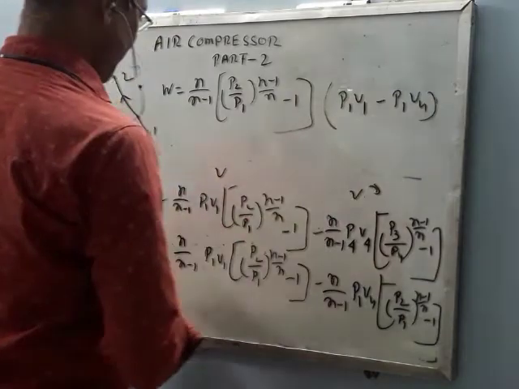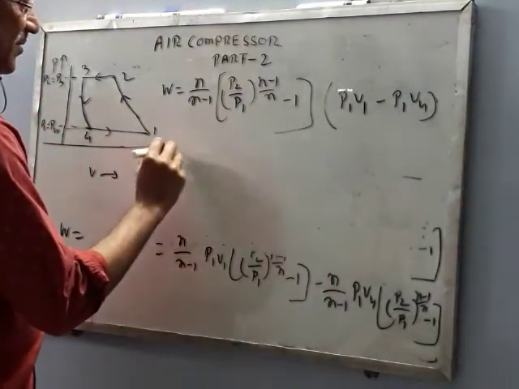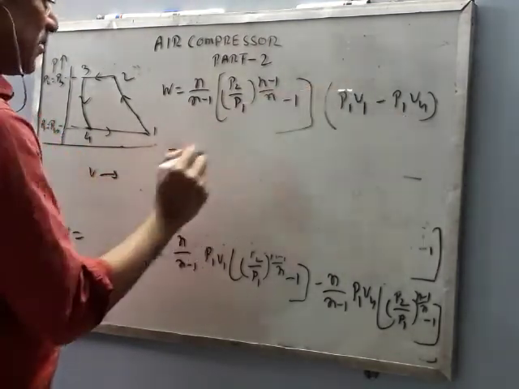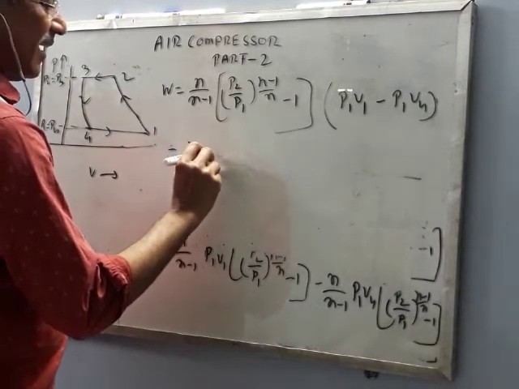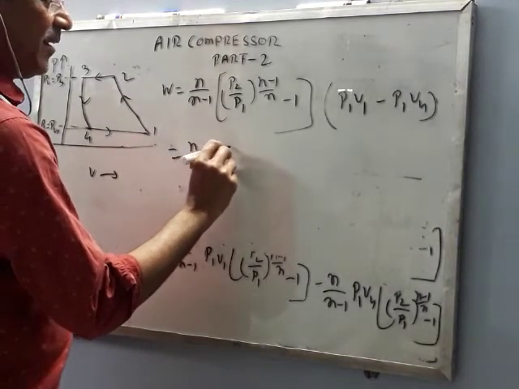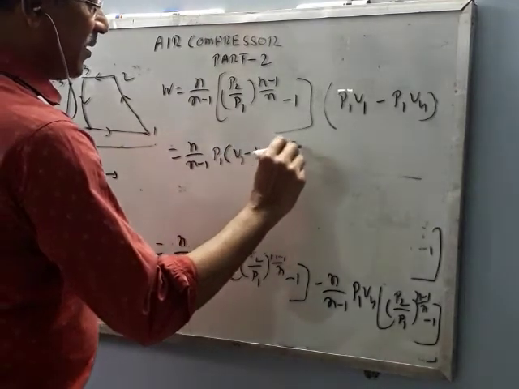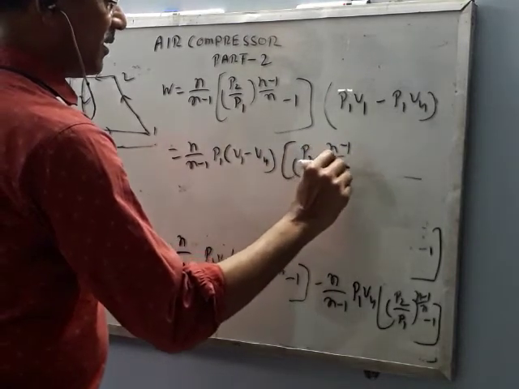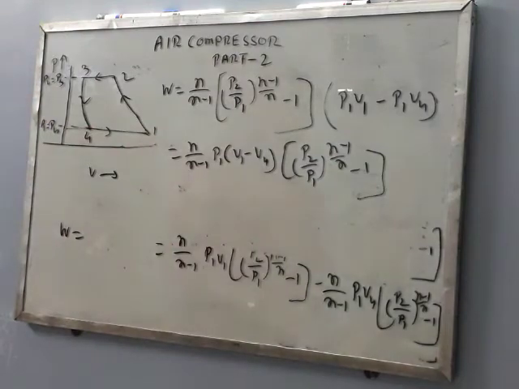Okay, so very interesting. P1 is common, so it is n by n minus 1 P1 (V1 minus V4), P2 by P1 to the power n minus 1 by n minus 1. Okay, so this is the work done.